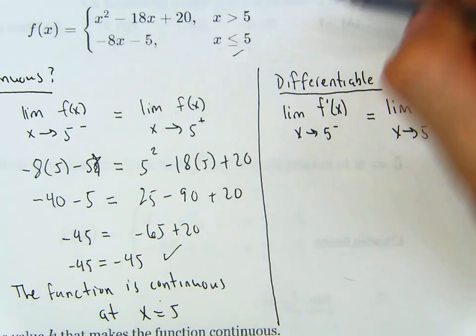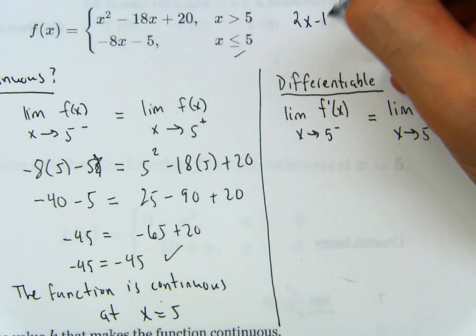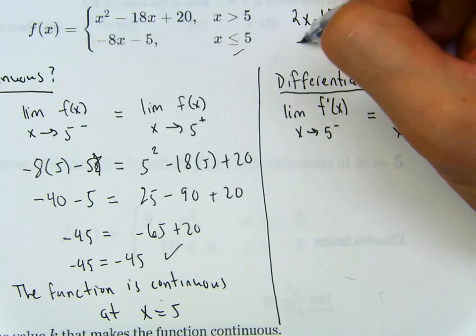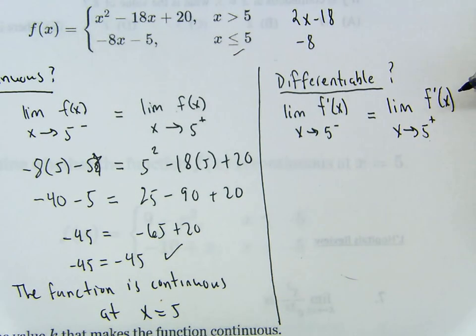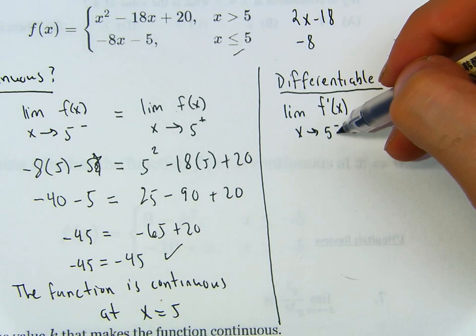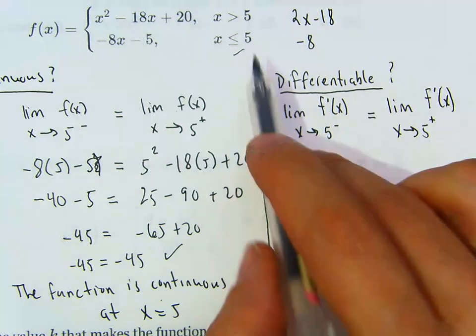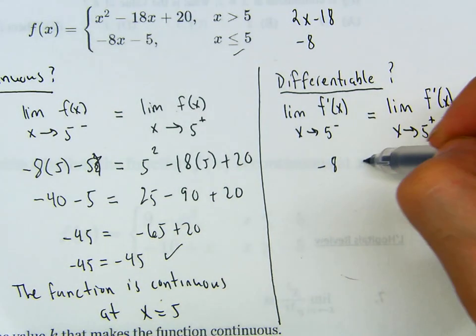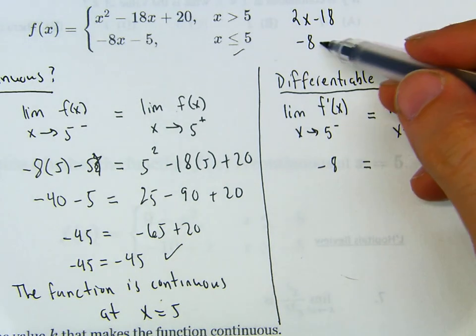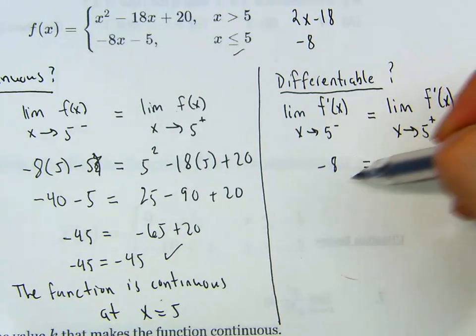So here, we need to find the derivative. What is the derivative of the top? That's just 2x minus 18. What's the derivative of the bottom? It's just negative 8. So if we plug in 5 from the left, this is just negative 8. Because you can't plug in 5, there's no variable, so it just becomes negative 8.